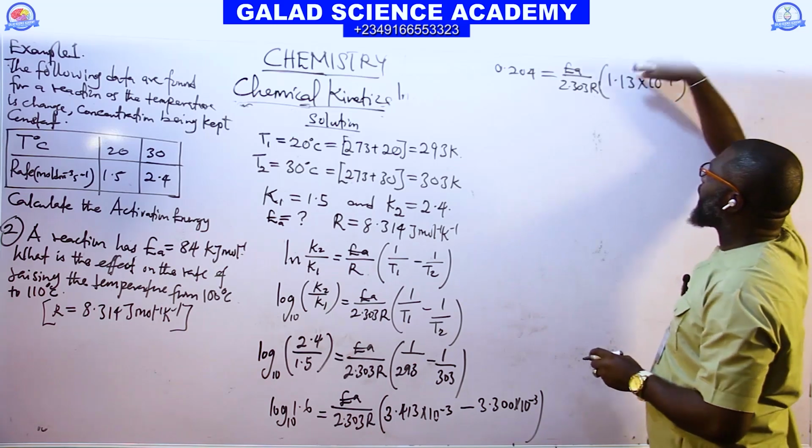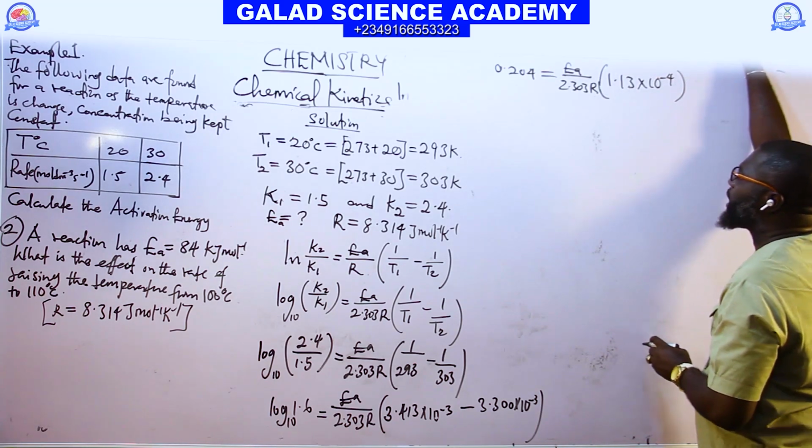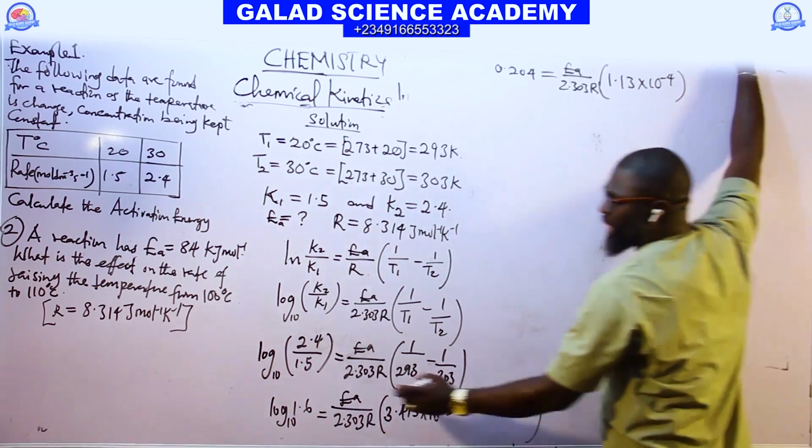Let us multiply everything together and insert this R. We are given that R is this.